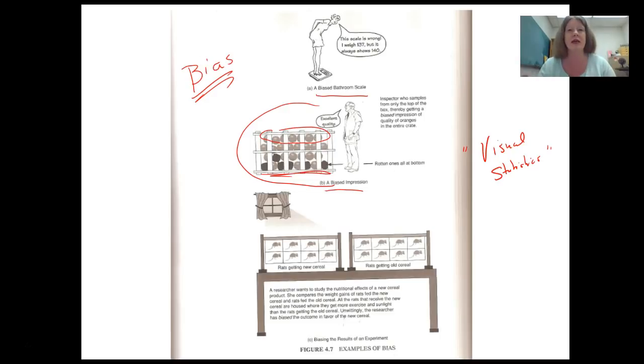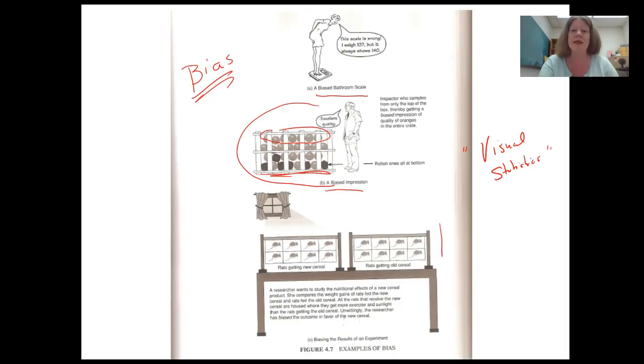So if you're just taking a convenient sample, looking at the top, looking at what's most convenient for you, rather than trying to take a true random sample of the entire crate, you might reach the wrong conclusion. You're going to systematically think that the oranges are good, when in reality they might not all be good.